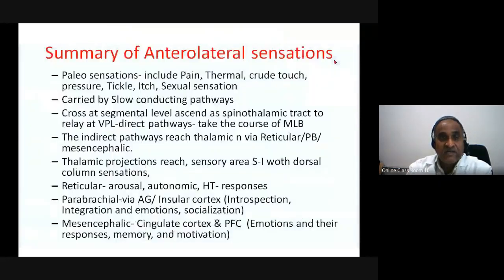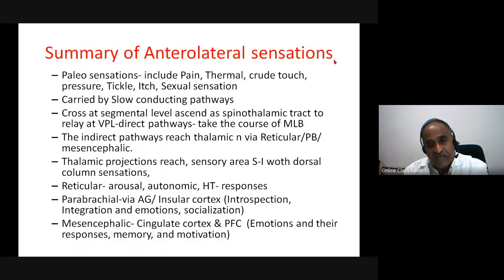Then comes the summary of the anterolateral sensations. These are paleo sensations. They include pain, thermal sensation, crude touch, pressure, tickle, itch, and sexual sensations. They are carried by slow conducting fibers, which means they are not fast.